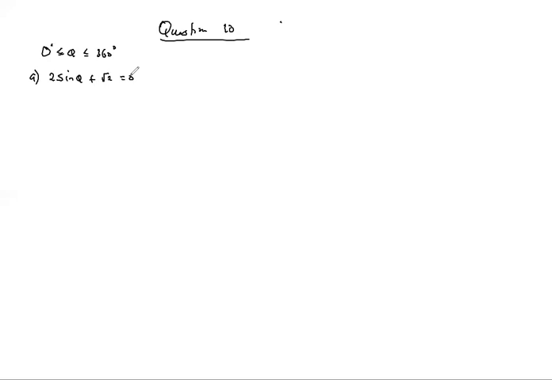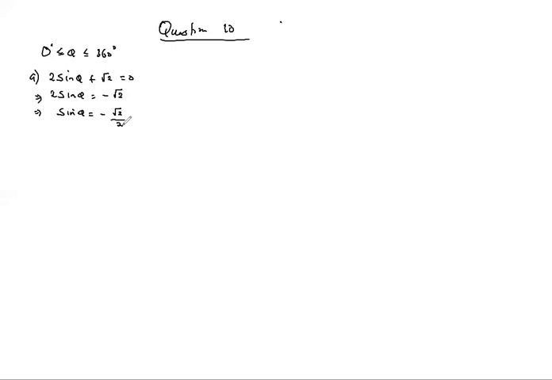And they're looking for theta. So first thing is to take the root 2 to the other side. So we'll have 2 sine theta is negative root 2. And so we'll have sine theta is equal to negative root 2 over 2. That's easy. Now you're looking for theta.